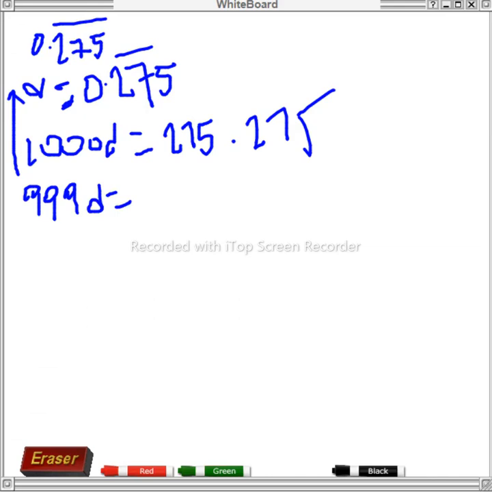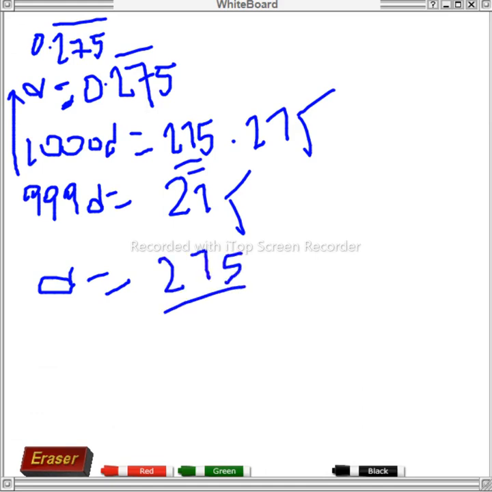So we only get the number 275. So d will be, dividing both sides by 999, 275 over 999. This is after changing to a fraction. Let us simplify.